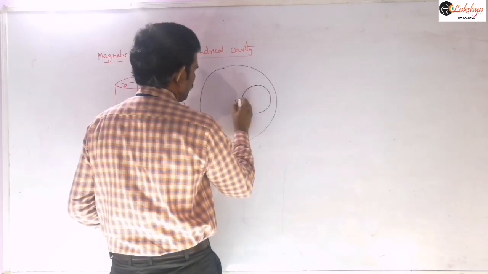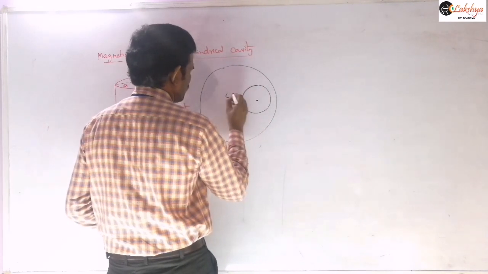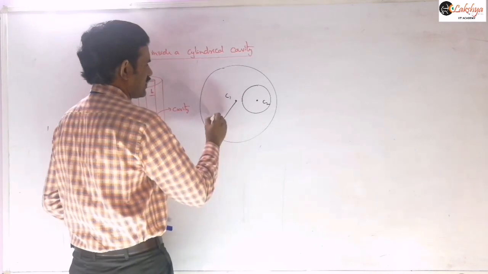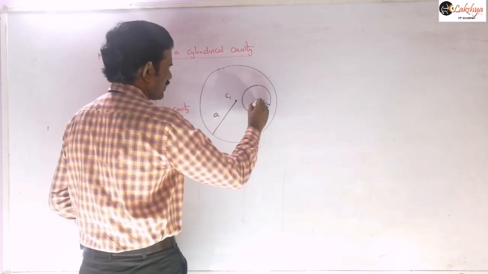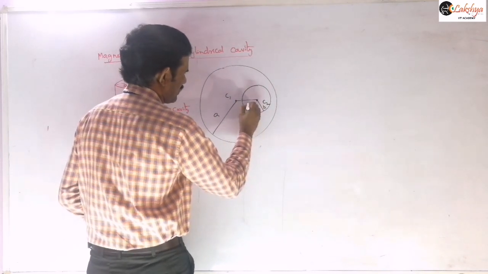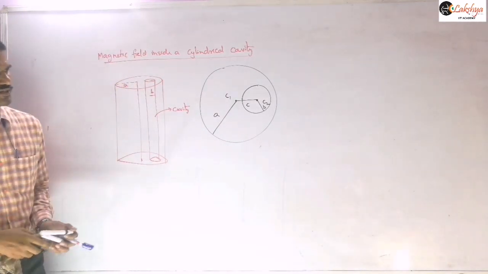This is the cavity, and this is the center of the cavity. Let us take this as C1 and this as C2. This radius is A, the radius of the cavity is B, and the distance C1 C2 I am taking as C. Is it clear?